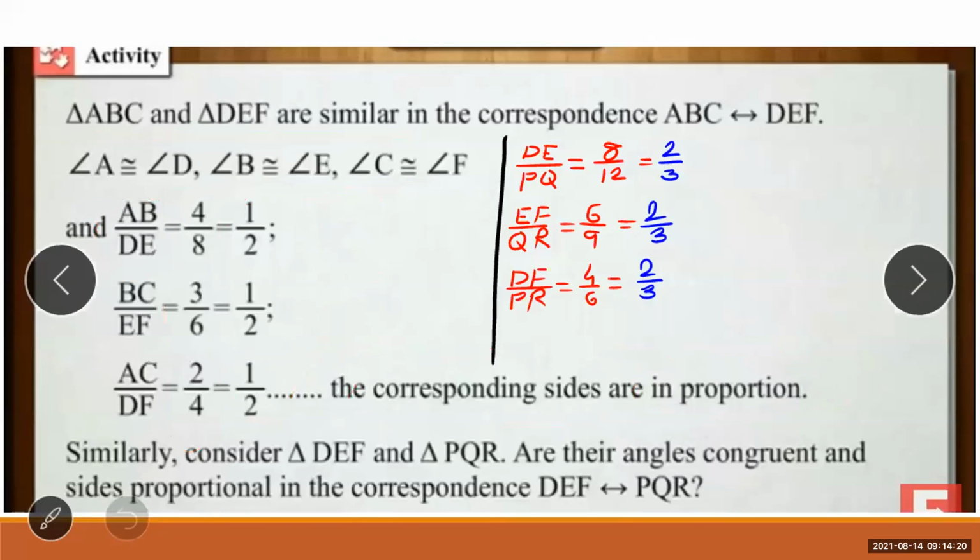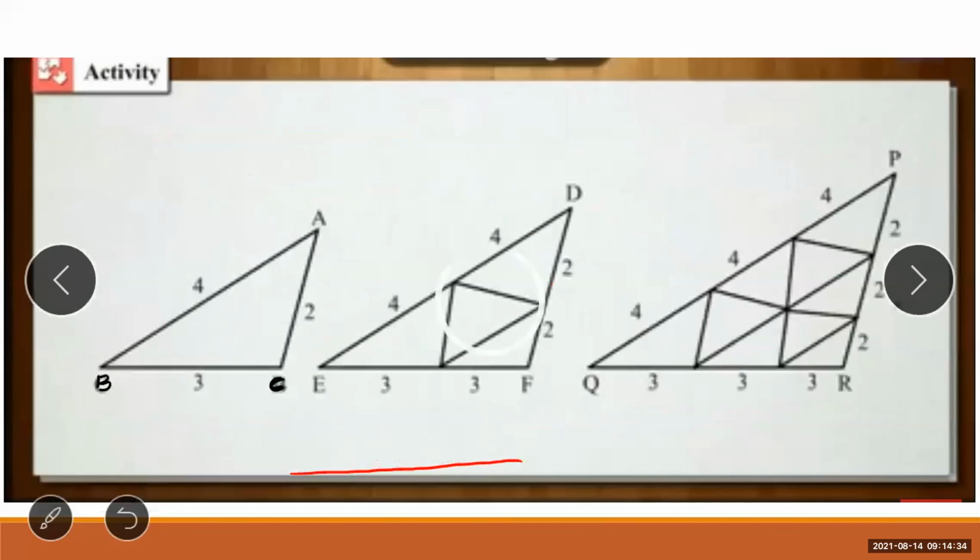Now similarly, see the last two lines. Similarly, if we consider triangle DEF and triangle PQR, the second and third triangles.